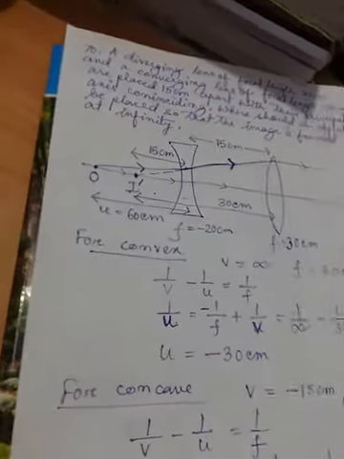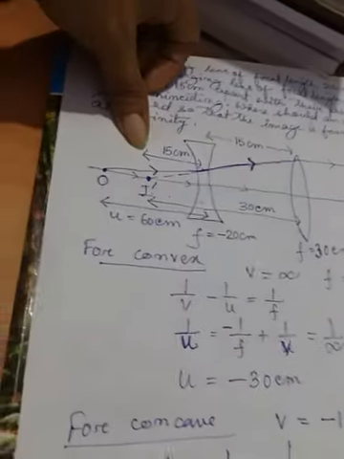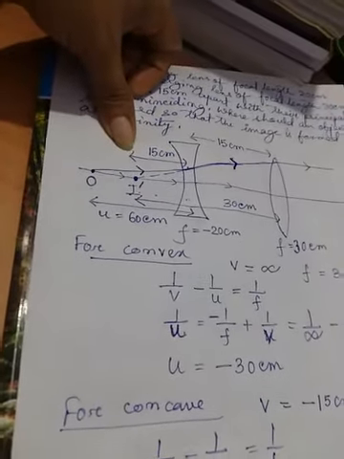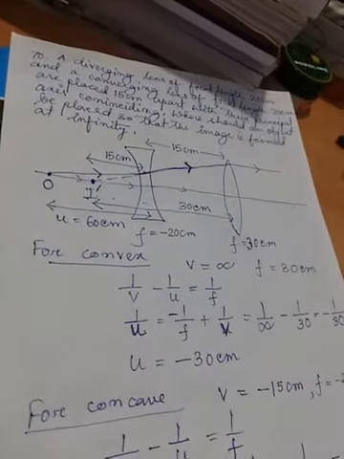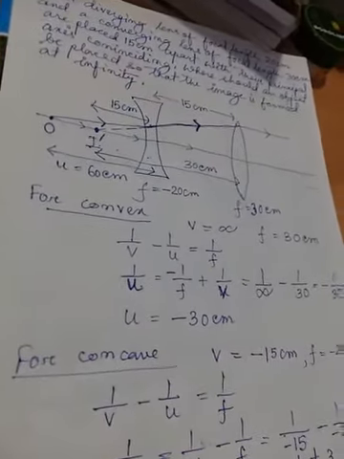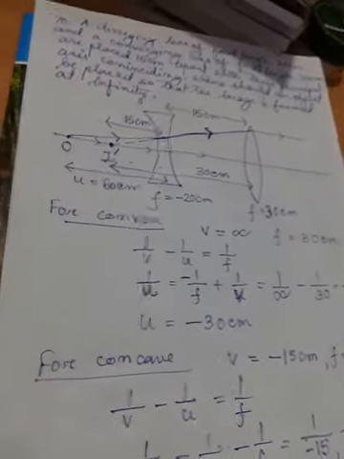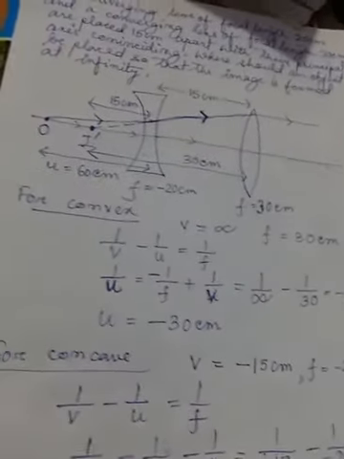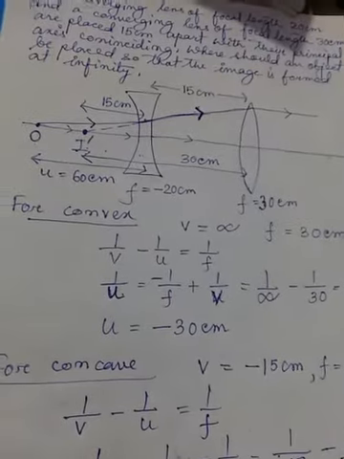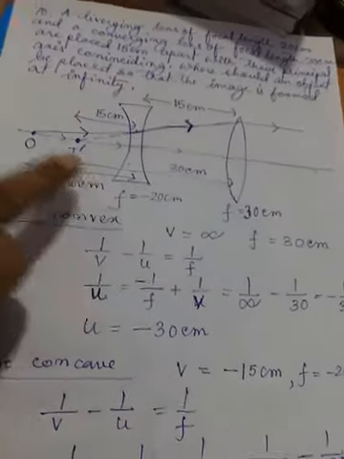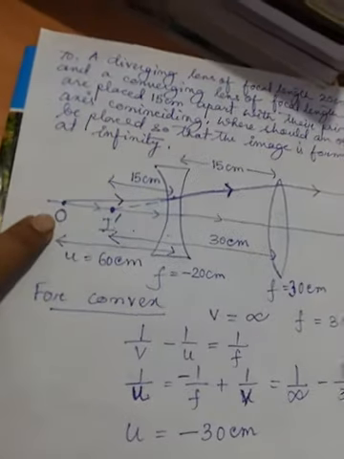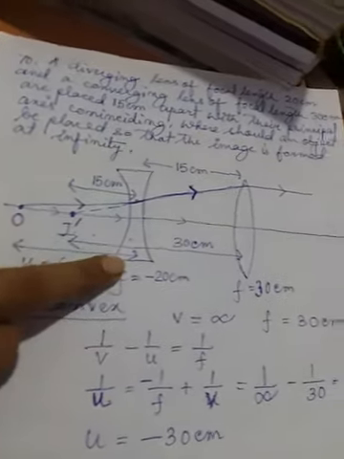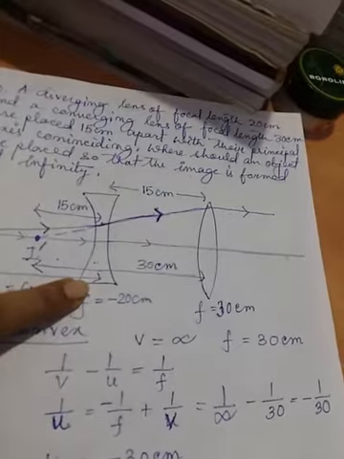Again, you see here, if we are unable to draw the ray diagram, then we are unable to solve the numerical. So it is very, very important to draw the ray diagram. I proceeded by considering the object on the left hand side of the concave lens.